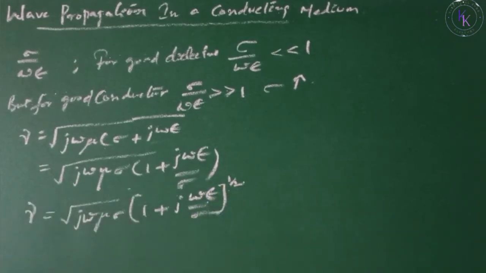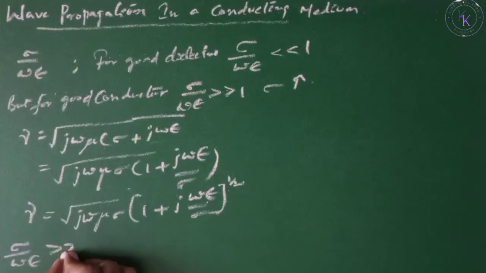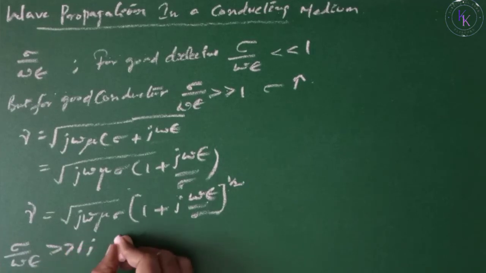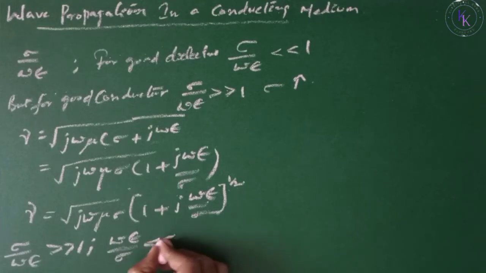This is our gamma. So we know that for a good conductor, sigma by omega epsilon is greater than 1, then omega epsilon by sigma is less than 1.